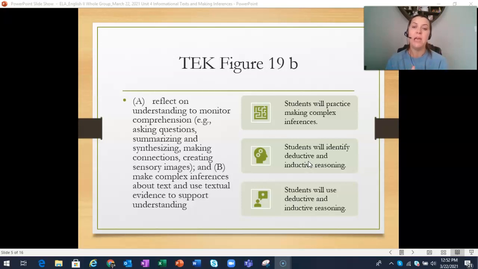It says that students will reflect on understanding to monitor comprehension, things like asking questions, summarizing and synthesizing, making connections, creating sensory images, and students will make complex inferences about text and use textual evidence to support their understanding. So throughout your lessons this week, you're going to practice making complex inferences. You will identify deductive and inductive reasoning, and then you'll use deductive and inductive reasoning to make inferences throughout your lessons this week.